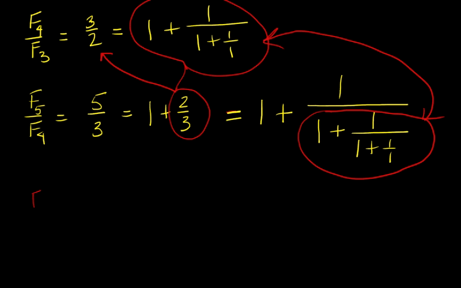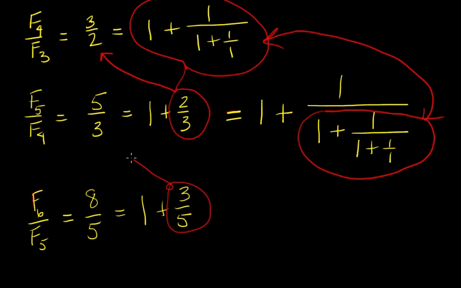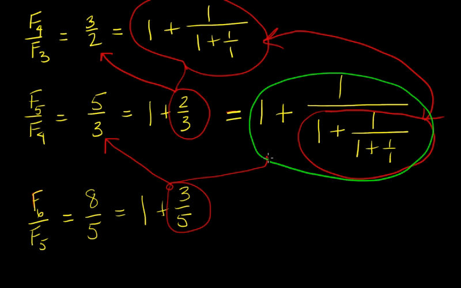Similarly, f6, the 6th Fibonacci divided by the 5th, will be equal to 8 over 5, which is 5/5, 1 plus 3/5. And again, 3/5 is the reciprocal of 5/3, or the reciprocal of this whole thing here, which was 5/3. So I'm going to write this.